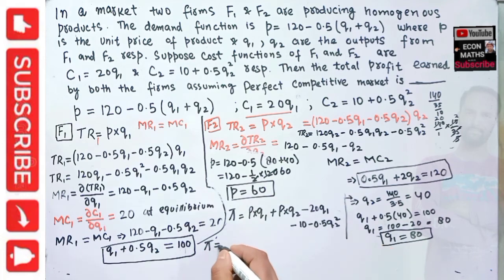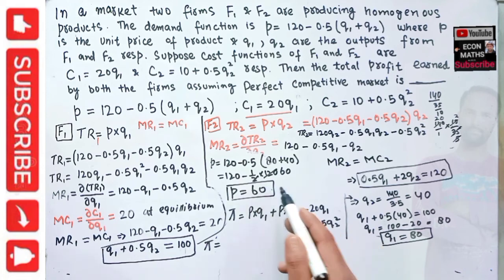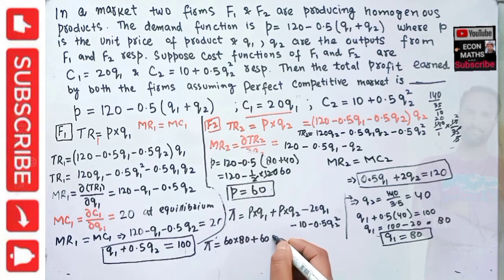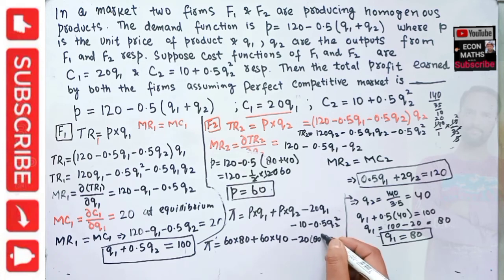So pi will be equal to 60 into 80 plus 60 into 40, minus 20 into 80, minus 10 minus 0.5 into 40 squared. So let's try to figure out what it will come to.